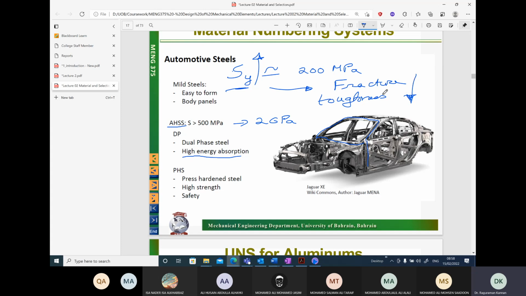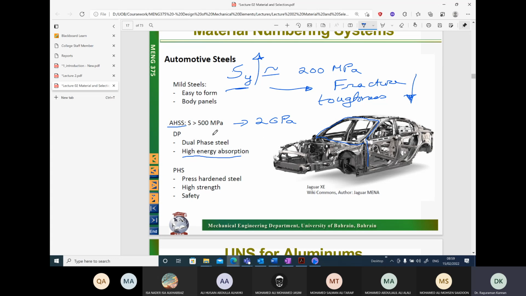Because it gets brittle, we have a reduction in fracture toughness. But the automotive industry has come up with methods where they can increase not only the yield strength, they can also increase the fracture toughness significantly. Both can be increased significantly by playing with the microstructure of the materials.